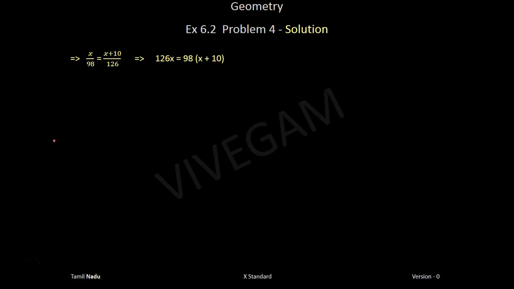Now you cross multiply: 126x will be 98 into x plus 10. So 126x will be 98x plus 980, bring this to the other side. So 126x minus 98x will be 980, or 28x will be 980, or x will be 980 by 28, or x will be 35 meters.